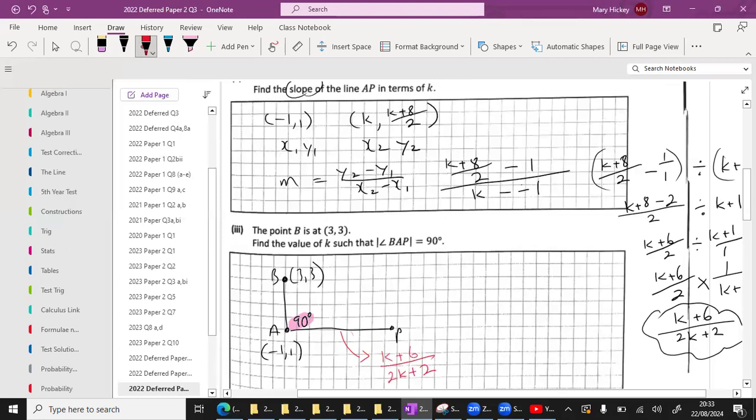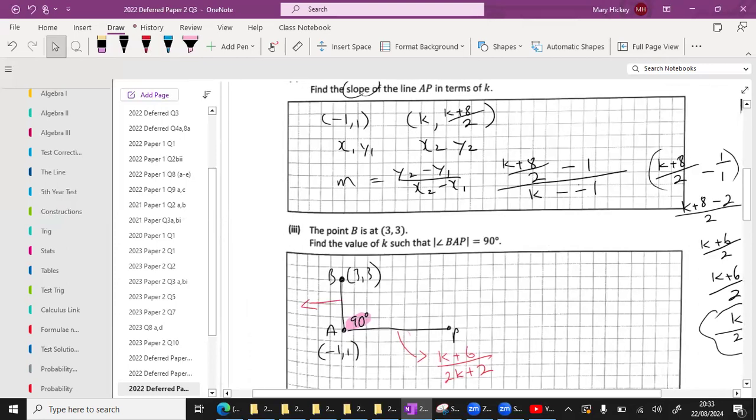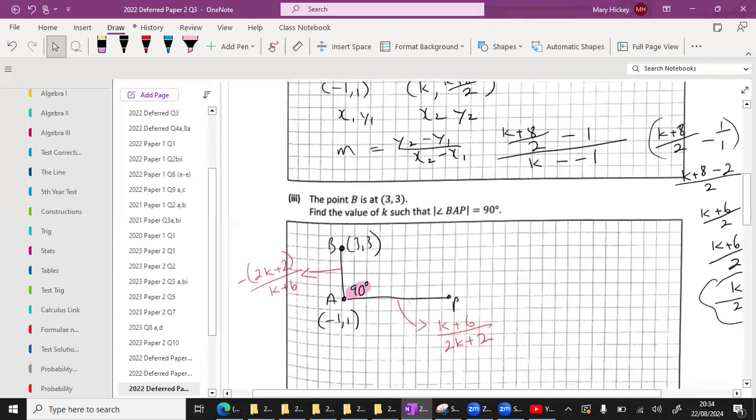So what would the slope of AB have to be? Well, it would have to be inverted, and it would also have to be opposite sign. So if I invert it, it's (2k plus 2) over (k plus 6). But I would also have to change the sign. So instead of being positive, I'd have to do negative. I'm going to leave the negative with the top line. It doesn't really matter, but it just makes it a bit easier. If I'm doing negative and it's a fraction, leave the sign with the top.